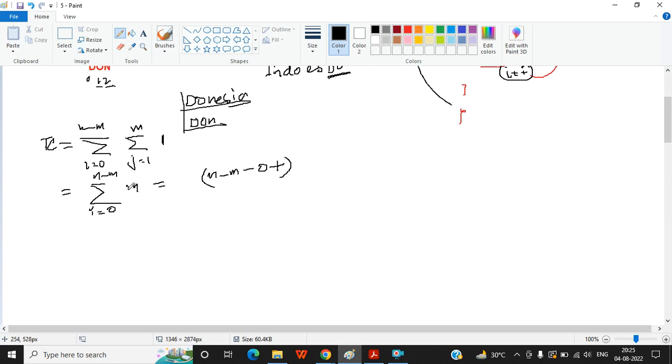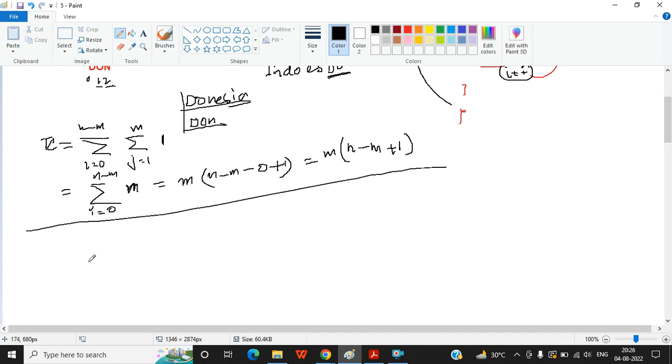But if you have m here, then what you will do? You just write the m here. So it is m into n minus m plus 1.